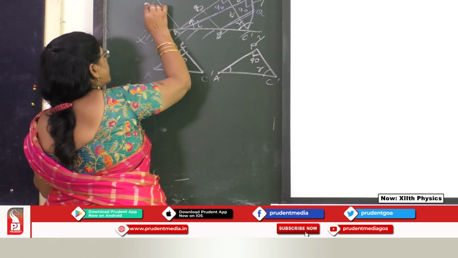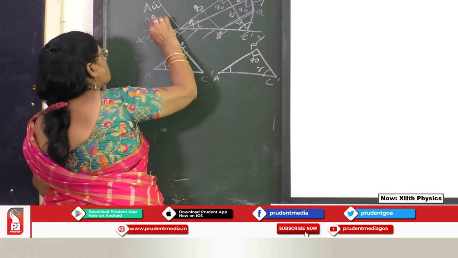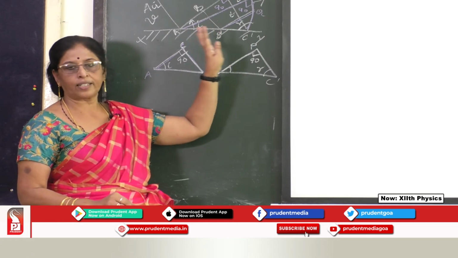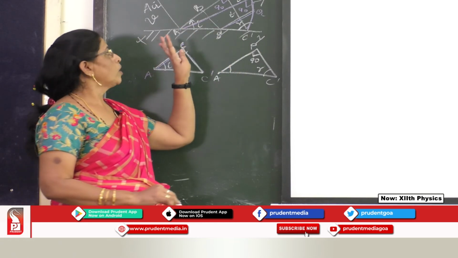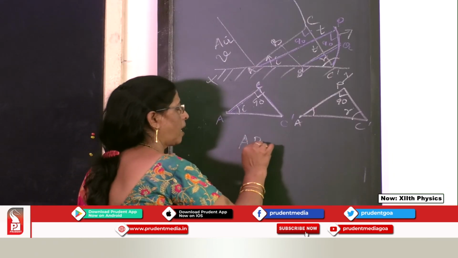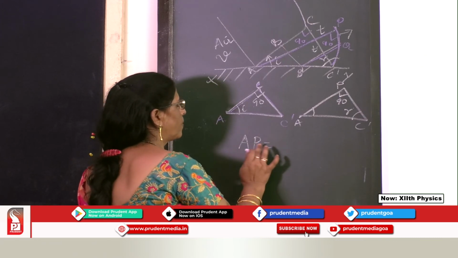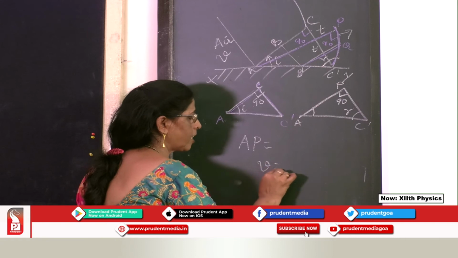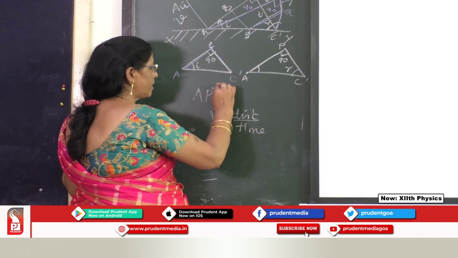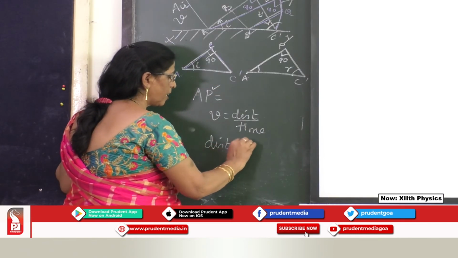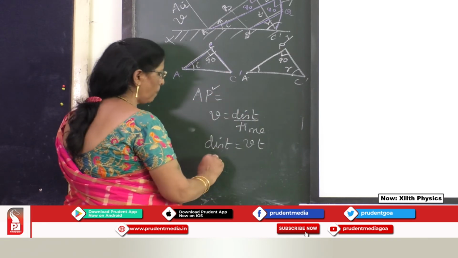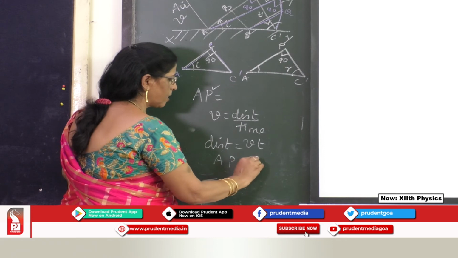So, if they are in the same medium, let V be the velocity of the wave. The velocity of the light wave we take as 3 into 10 raised to 8 meter per second. So, V is the velocity of light. What is the distance travelled by it? We know that velocity is equal to distance upon time, or distance is equal to velocity into time. So, the distance AP equals velocity into time.